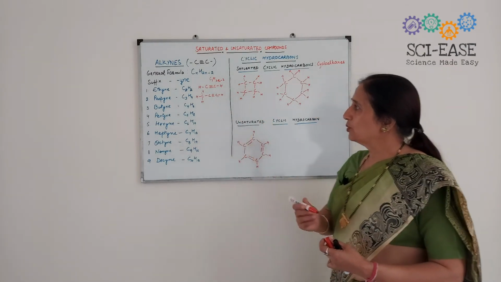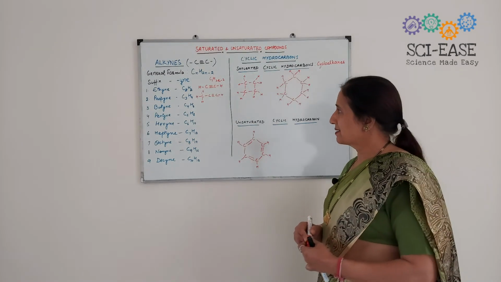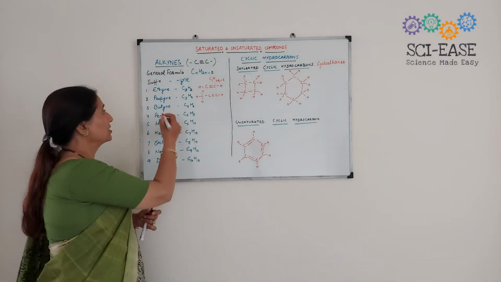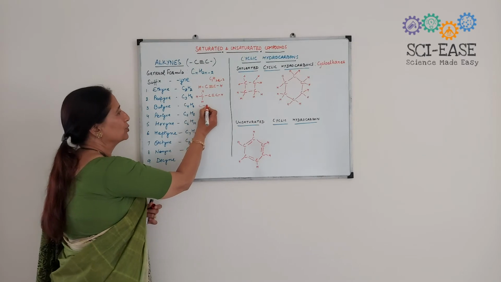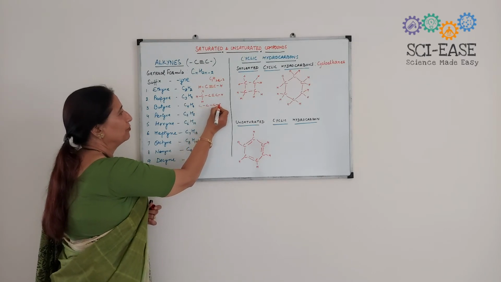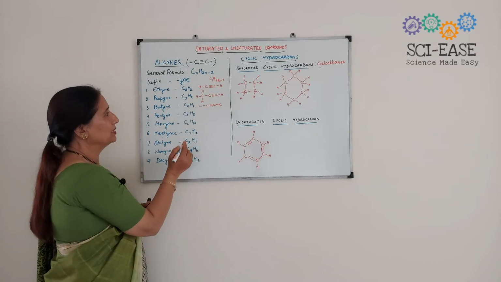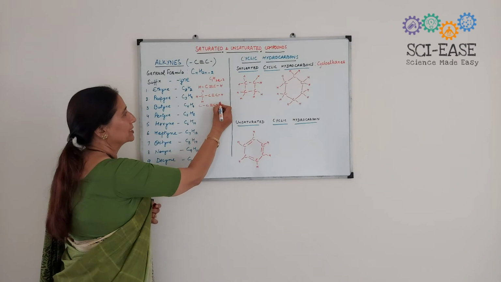Now come to butyne, C4H6. We can write it like this, C4: 1, 2, 3, 4. Put a triple bond anywhere between 2 carbons, and now fulfill the valency.